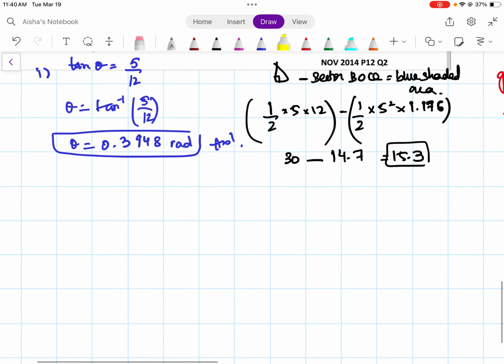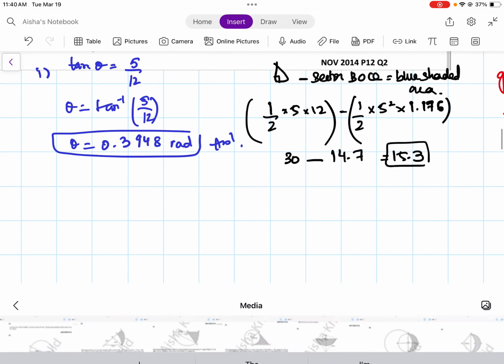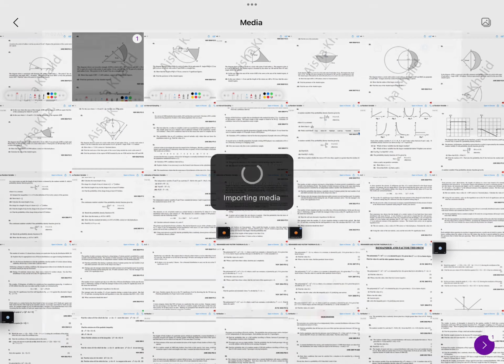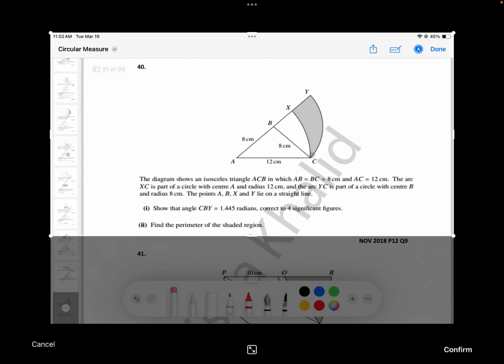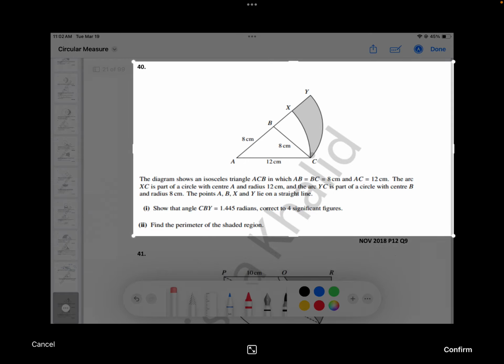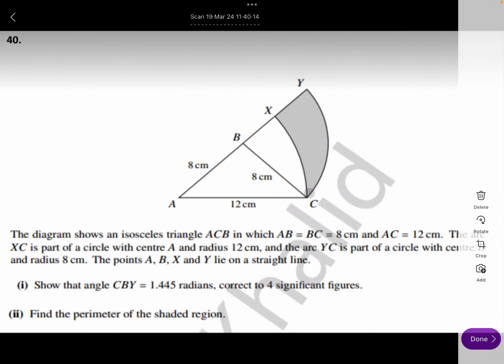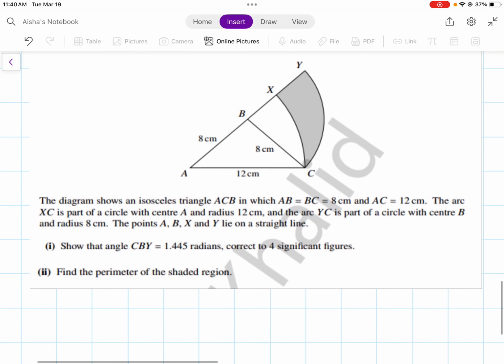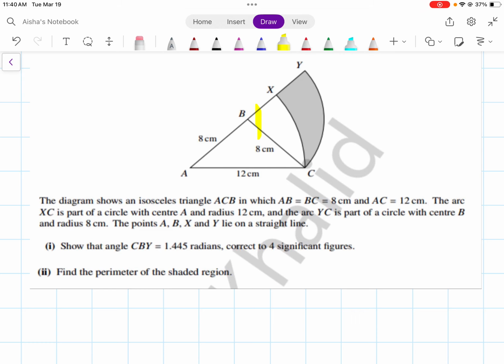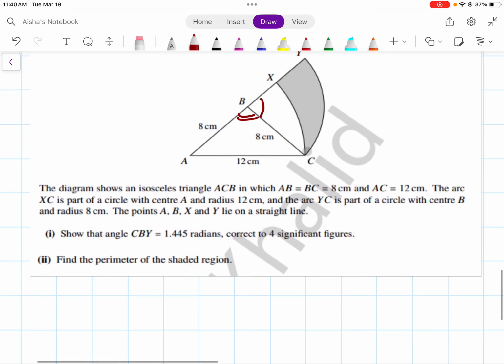Now let's move on and discuss another question. Show that CBY is 1.445 radians. CBY, this angle is what they're asking me. I can find this angle using the cosine rule.